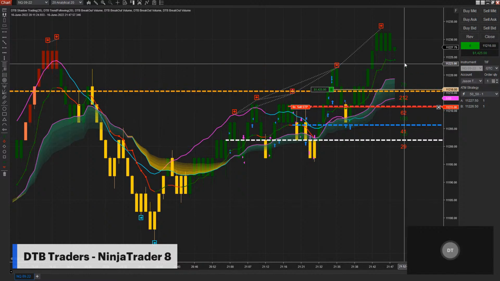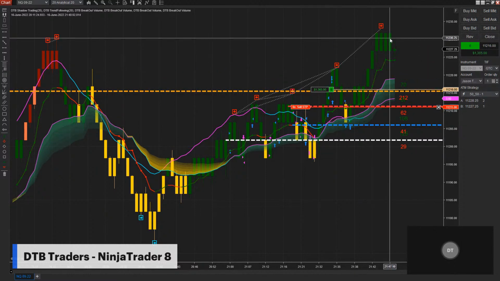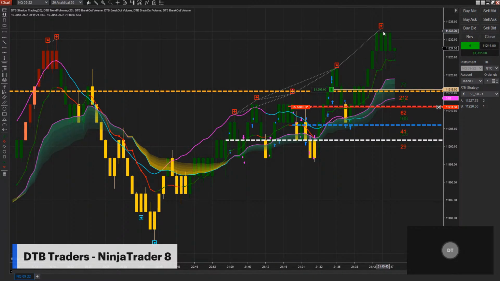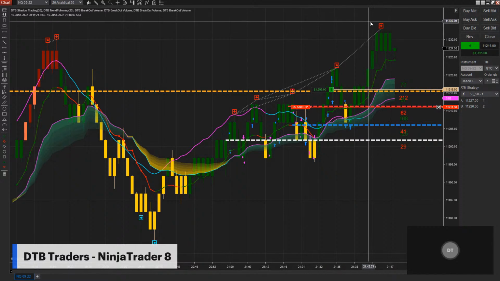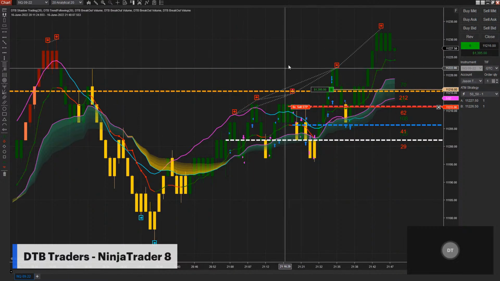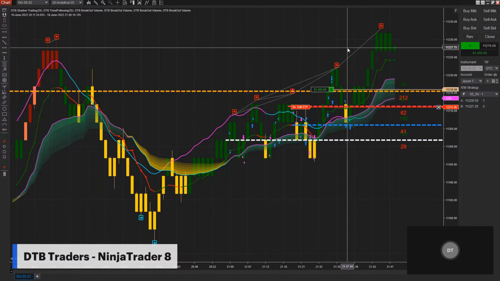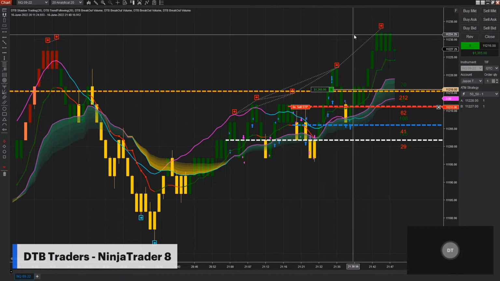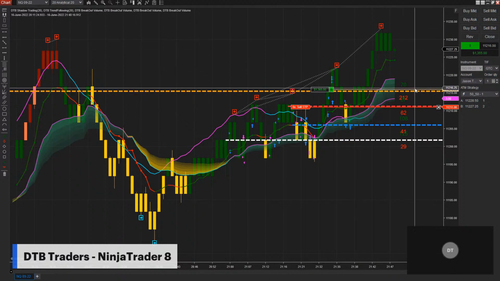And I would like to see this price run a bit further. There's obviously a serious push in the market. There's obviously some reason that they want to push this market up, because we've got a lot of divergences, a lot of arrows here telling us that the price should be reversing, but there's something on the go that they want to push this market up.